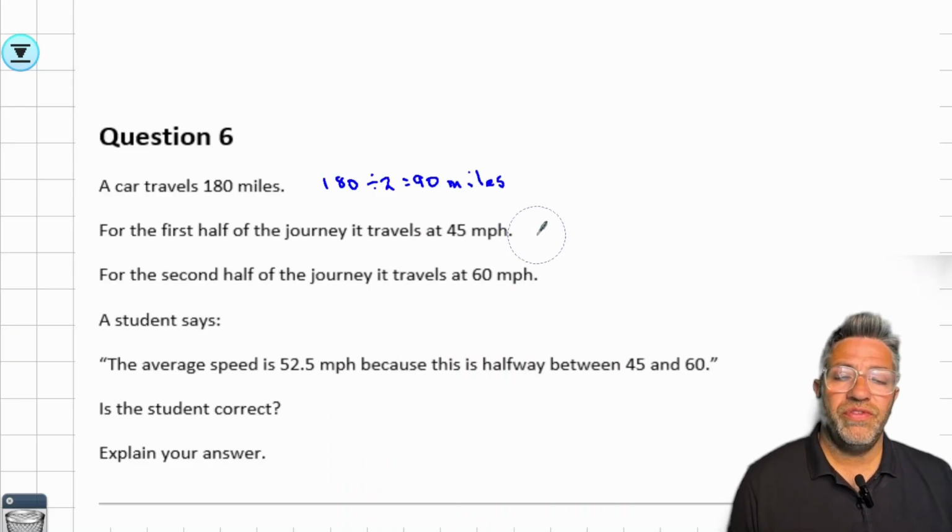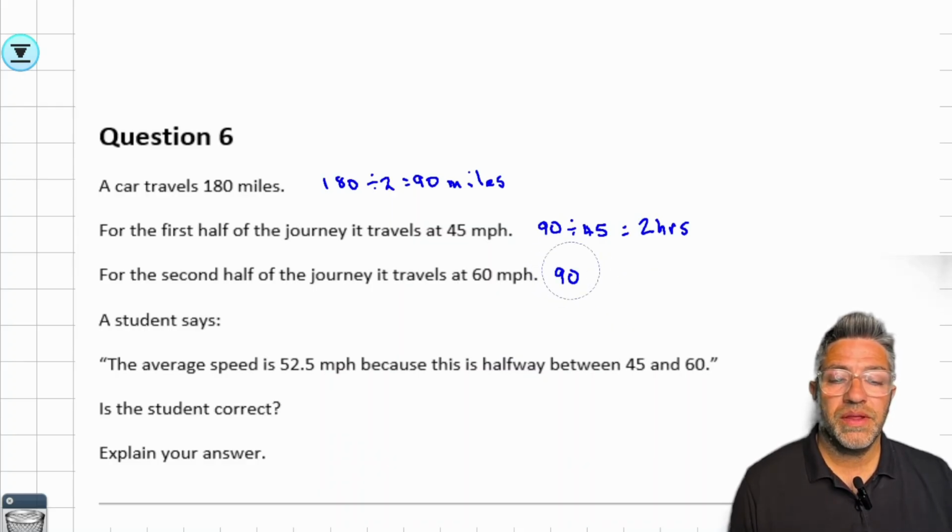Well, how long will the first half of the journey take? If we're travelling at 45 miles per hour, I'm pretty confident you'll be able to do this in your head. 90 divided by 45, in other words, distance divided by speed, will give us 2 hours. The second half of the journey, again, distance divided by speed, 90 divided by 60, will give us 1.5 hours.